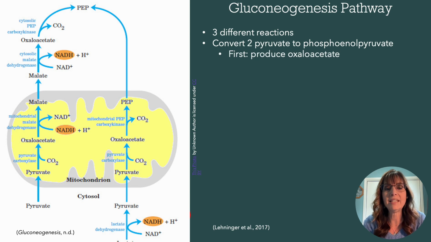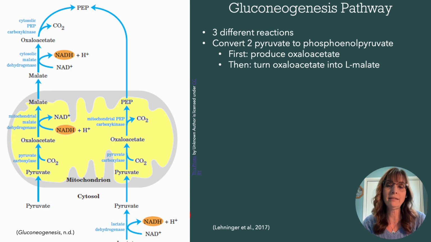Pyruvate is moved into the mitochondria from the cytoplasm, where pyruvate carboxylase and coenzyme biotin turn it into 2 molecules of oxaloacetate. However, this molecule cannot leave the mitochondria. So malate dehydrogenase uses NADH to convert oxaloacetate into L-malate, which can leave the mitochondria through a transporter.